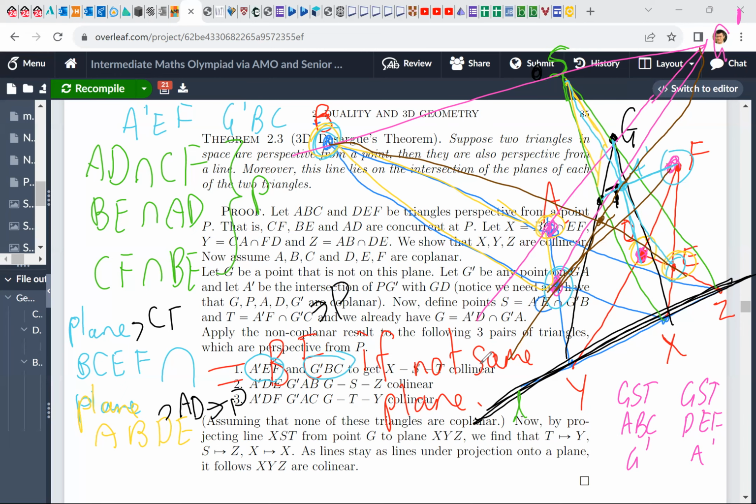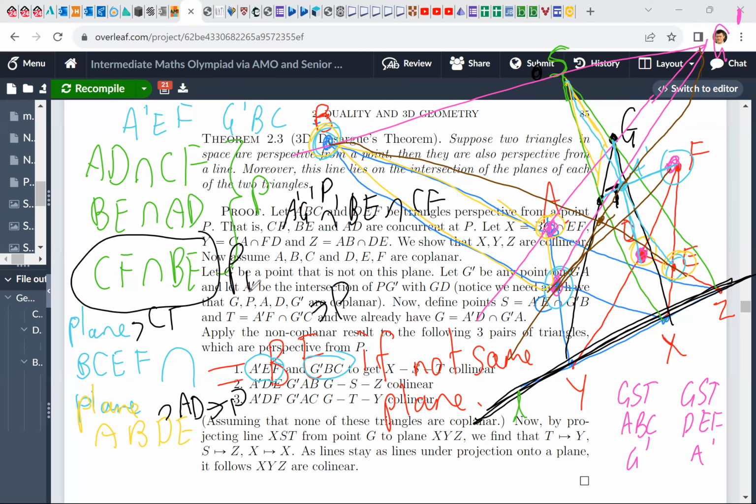It's the intersection of A prime G prime with BE, and also with CF. So this is P1 in particular, on A prime G prime.